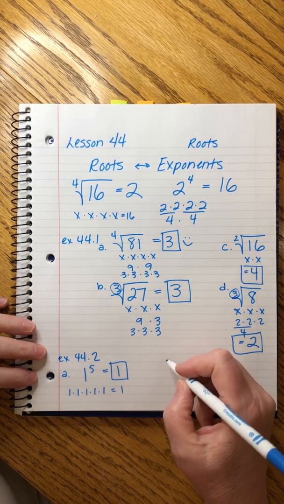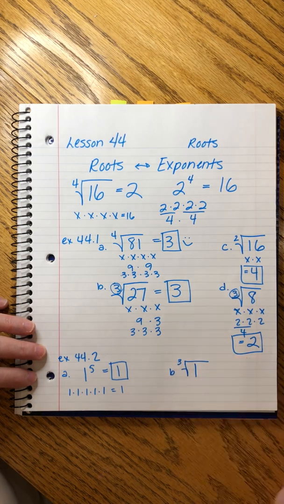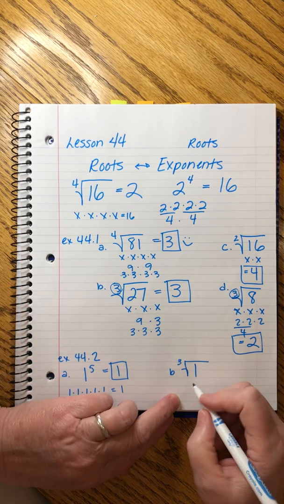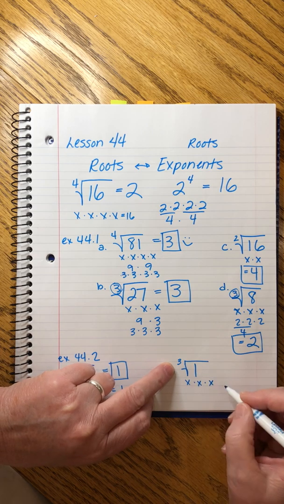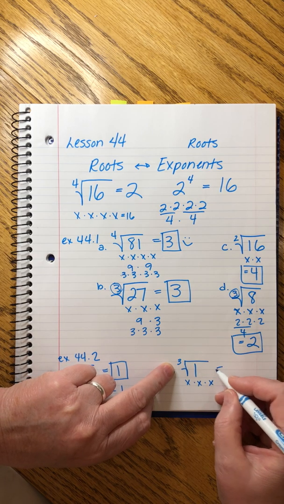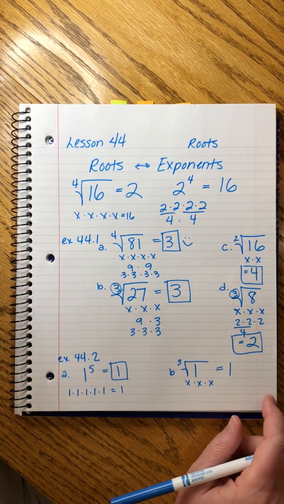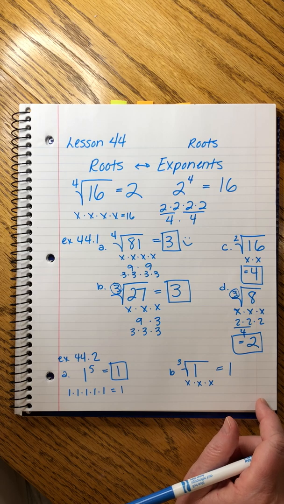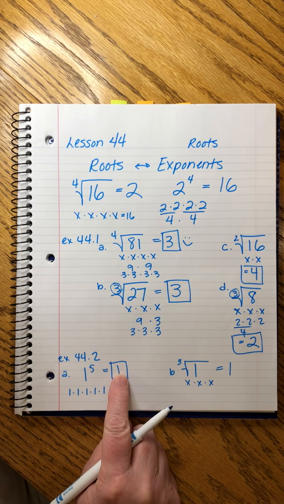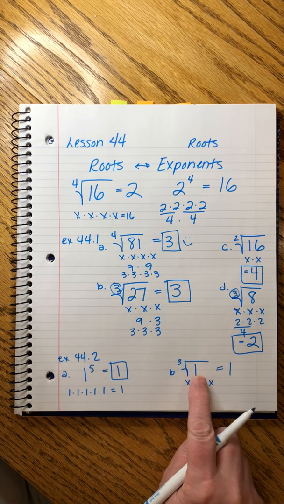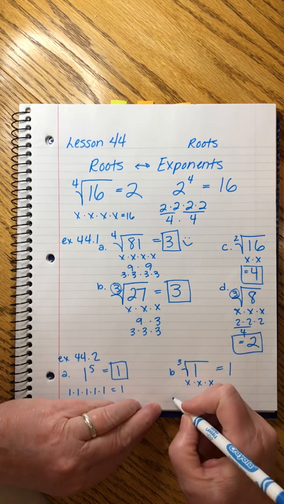What about this? What is the number that when you multiply it by itself 3 times, you get 1? Well, that is 1. So exponents and roots of 1s are really simple because 1 times itself is always 1. So 1 raised to any power is always 1. Any root of 1, second root, third root, fourth root, any root of 1 is 1.